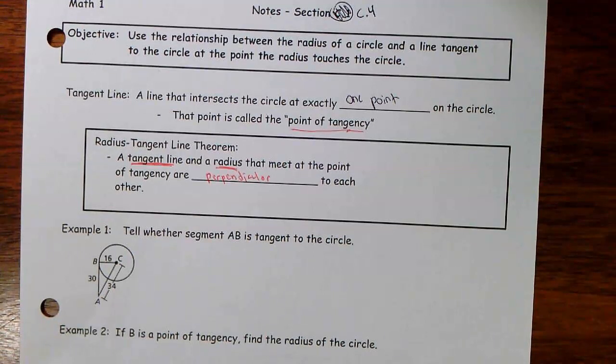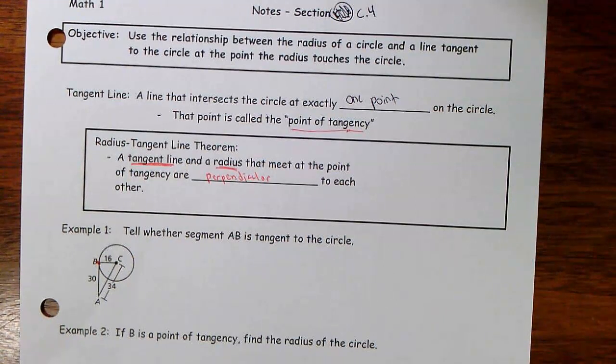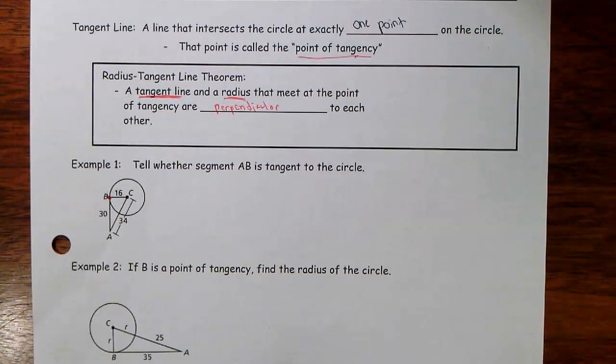Our first example, we just want to know whether segment AB is tangent to the circle or not at point B. And we've got some measurements on here, and if it is in fact tangent, then it makes a right angle. All right? And if it makes a right angle, then the triangle you see, triangle ABC, would have to be a right triangle, and therefore the Pythagorean theorem would work.